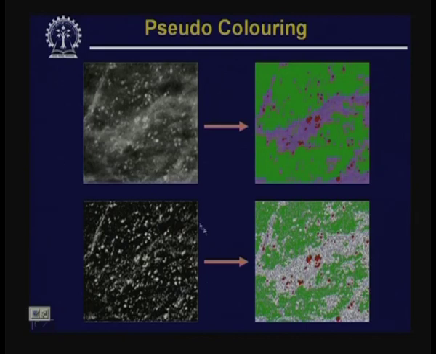Similarly, the bottom one is an image which is an enhanced version of this, and if I apply the pseudo coloring technique to this black and white image, then the corresponding pseudo colored image is given on the right hand side. Here you find that interpretation in the pseudo colored image, or the distinction between different intensity levels, is much easier than in the corresponding intensity or grayscale image.